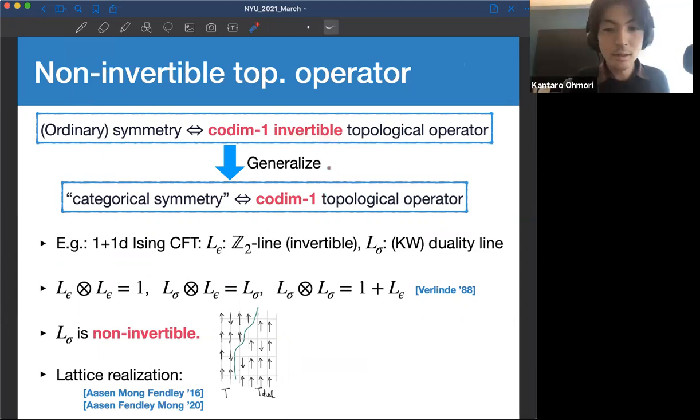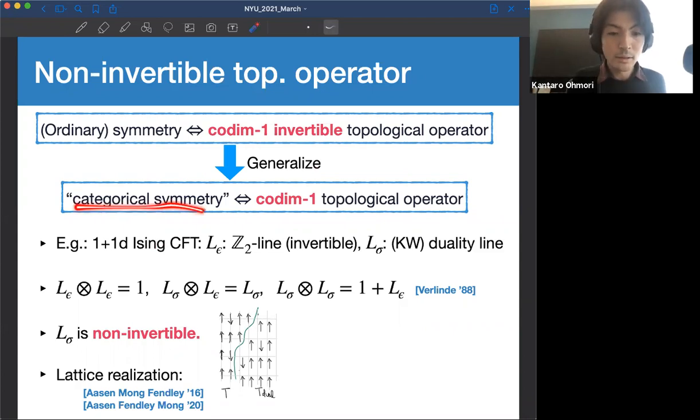Today I only talk about 1+1 dimensions, and there this codimension 1 part won't be changed. So I'm going to talk about lines, which are codimension 1 in 2D, but I do not demand the topological operator to have its inverse.